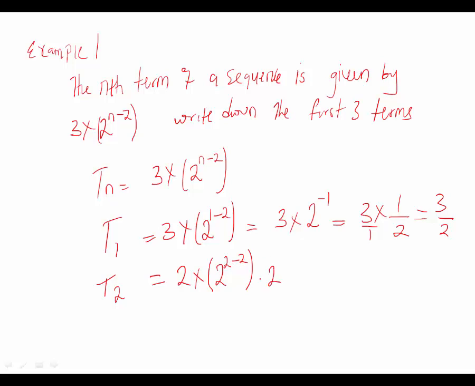So I'm going to have 3 times 2 raised to the power 0. Now anything raised to the power of 0 will give me 1. Then I have 3 times 1, which will give me 3.